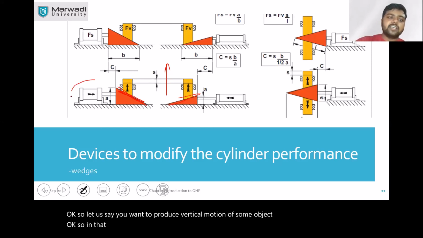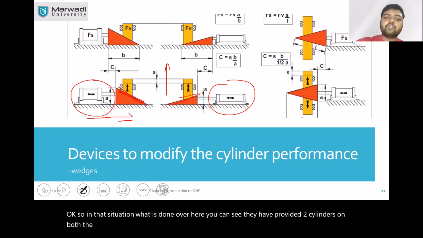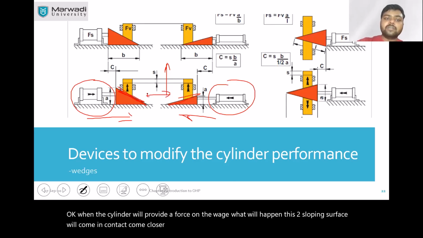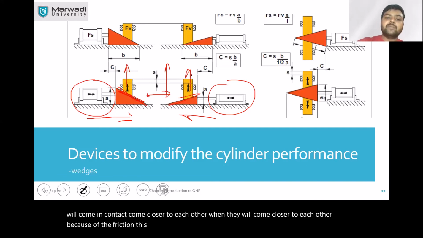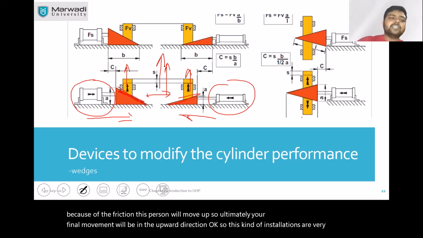You can see they have provided 2 cylinders on both ends. When the cylinders provide a force on the wedge, these two sloping surfaces will come closer to each other. When they come closer, because of the friction, this portion will move up. So ultimately your final movement will be in the upward direction. This kind of installation is very common, and this is known as the wedge.